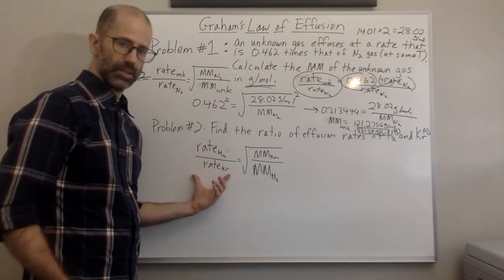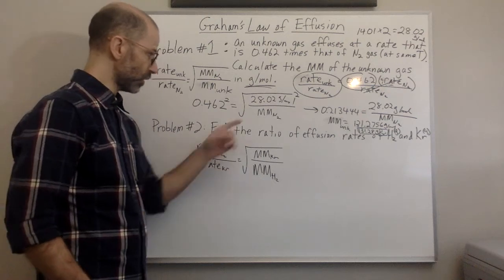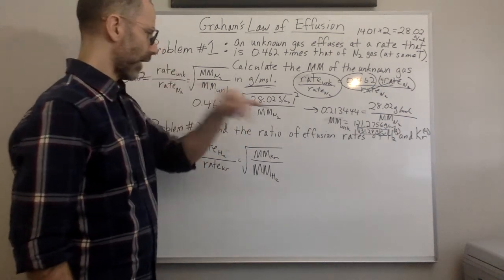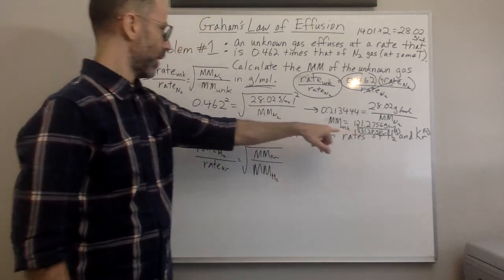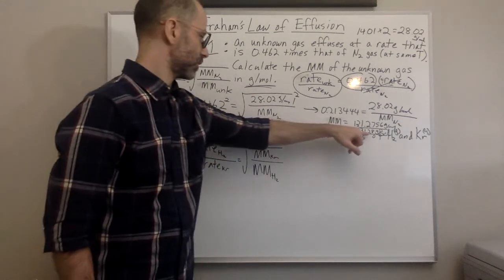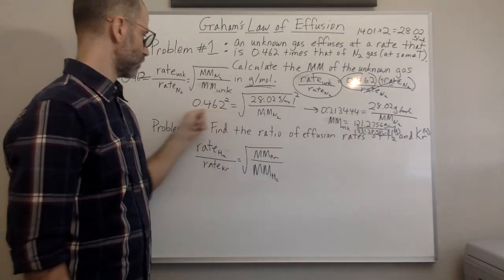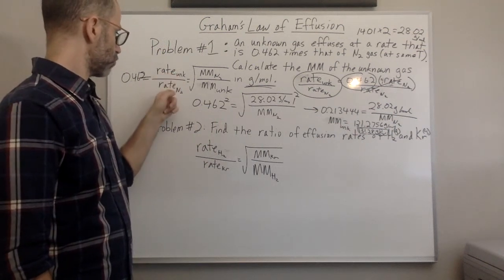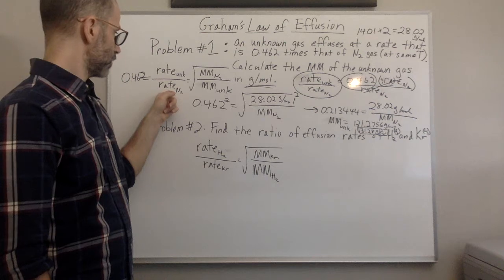If we're thinking about this, just in the same way here, I have a molar mass. The molar mass of this, notice that this was less than 1. So rate of unknown over rate of N2.